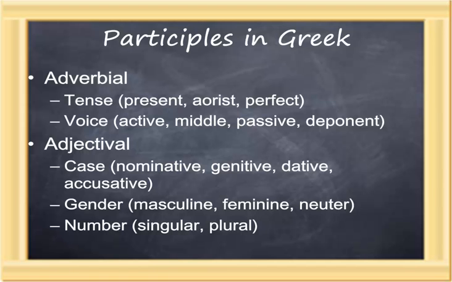Nominative, genitive, dative, and accusative, a case ending that also indicates gender, masculine, feminine, or neuter, and a case ending that indicates number, singular or plural. So a participle in Greek has adverbial elements and adjectival elements, along with adverbial function and adjectival function.